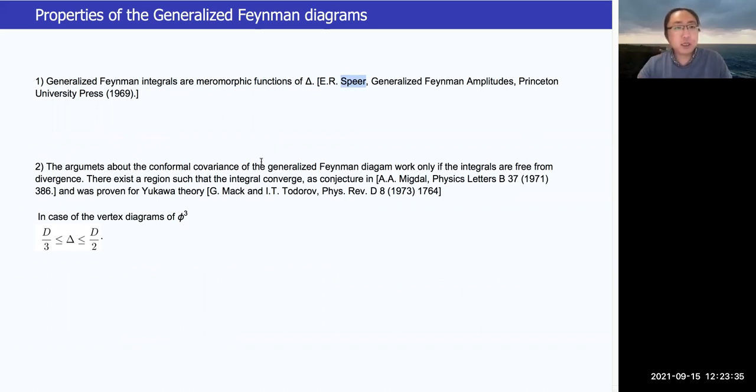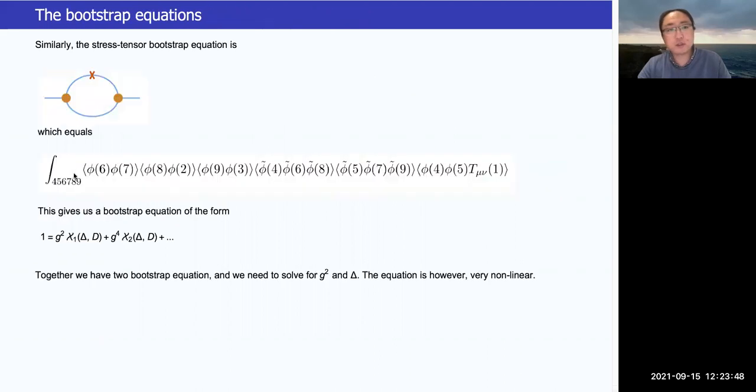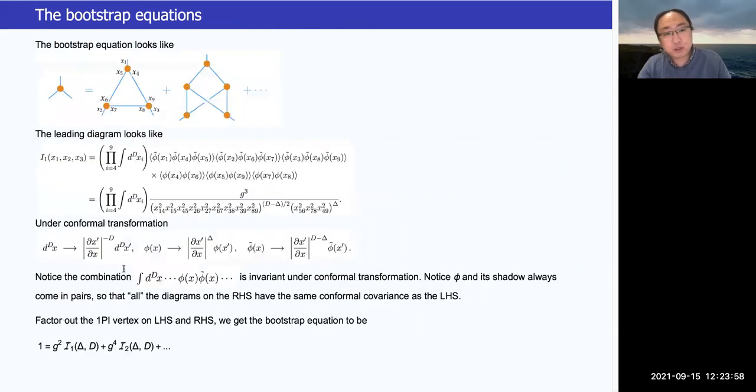Okay, and also I should mention that the arguments about conformal covariance of the generalized Feynman diagrams work only if the integrals are free from divergence. If for this integral you have some infinities, you have to think about how this infinity transforms under conformal transformation. And the argument I gave about phi and phi tilde appearing together are not so concrete anymore.